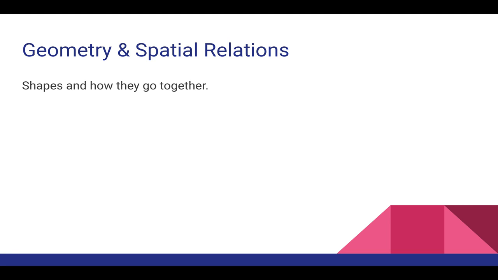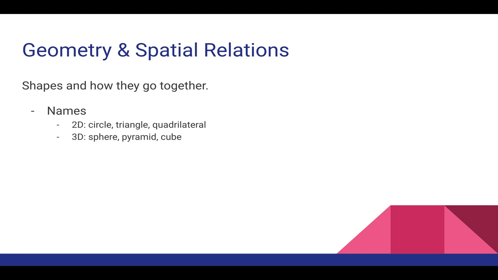It's all about shapes and how they go together. We talk about the names of the shapes, especially with our early learners. We're looking at two-dimensional shapes like circles, triangles, and all the many types of quadrilaterals like squares and rectangles and diamonds and trapezoids and other less regular things.